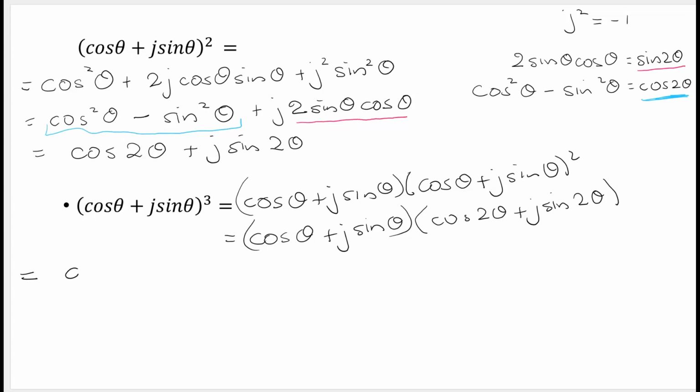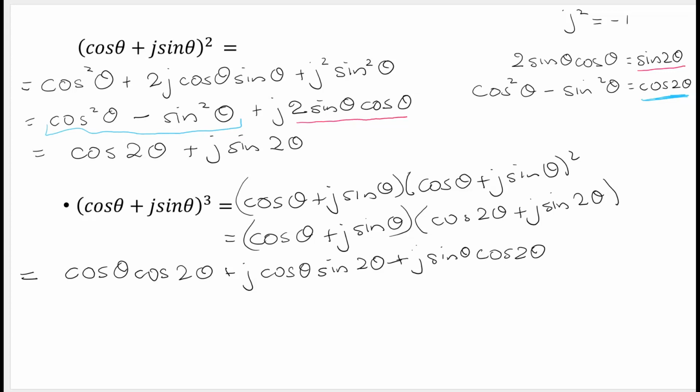So it would be cos theta cos 2 theta plus j cos theta sine 2 theta plus j sine theta cos 2 theta plus j squared sine theta sine 2 theta. So I've just multiplied that out.